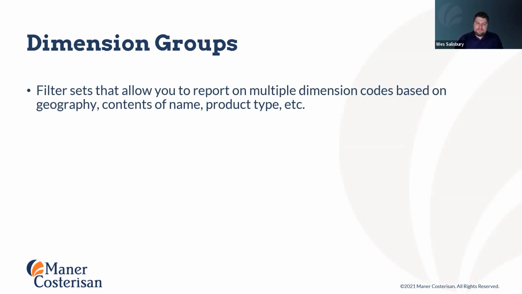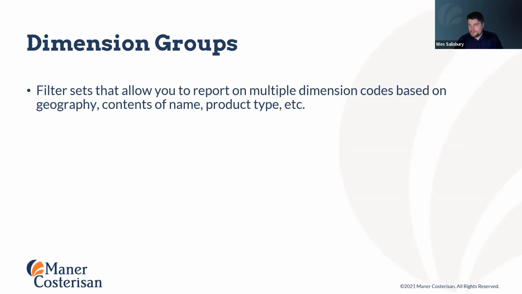So for those of you who may not be in Sage Intacct today, what a dimension is inside of Intacct is a code that represents a department or represents a location or a grant or something like that.